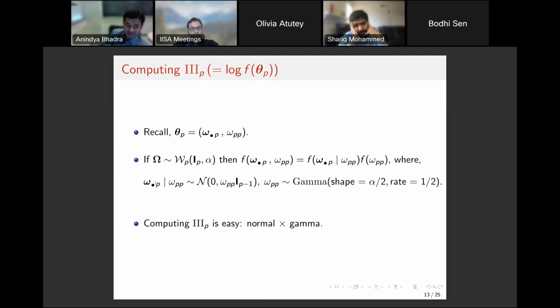And it turns out omega dot p given omega pp is simply a normal, with variance omega pp, and the marginal of omega pp is just a gamma. So computing the third term is easy. If I give you the values of theta p at some theta star p, all you will do is evaluate a normal times a gamma density at that theta star p. This is from the property of Wishart.